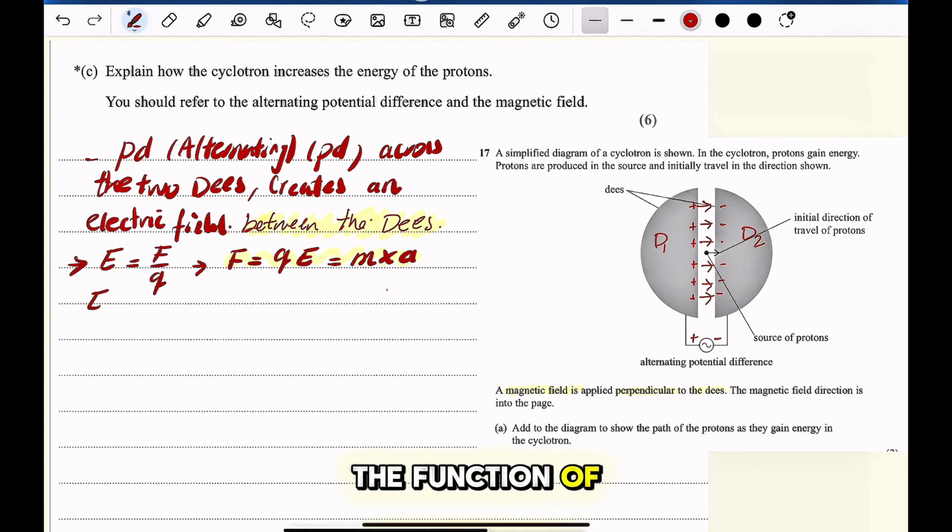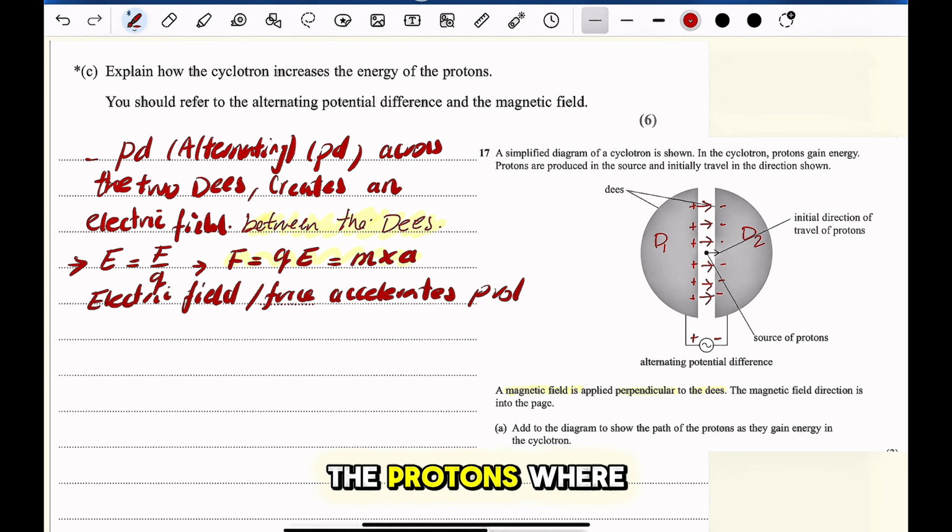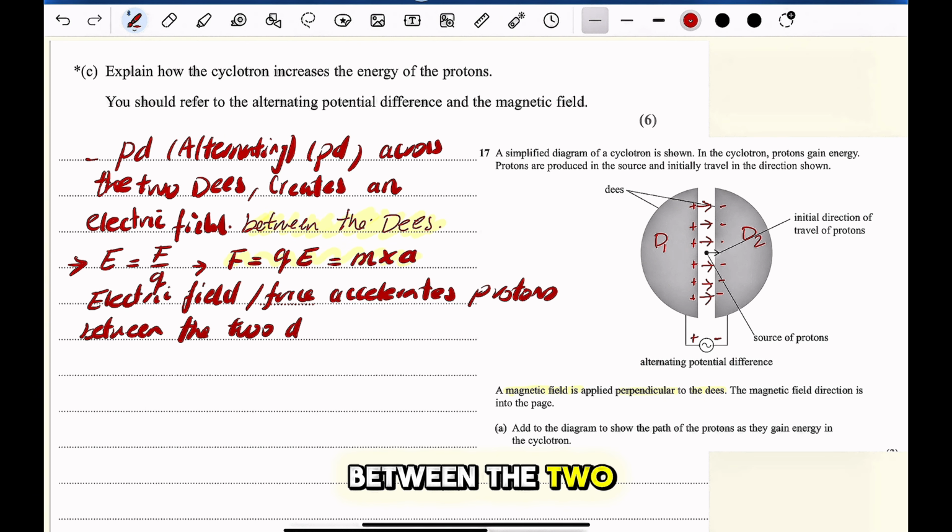The function of the electric field, or the electric force, is to accelerate the protons between the two Ds.